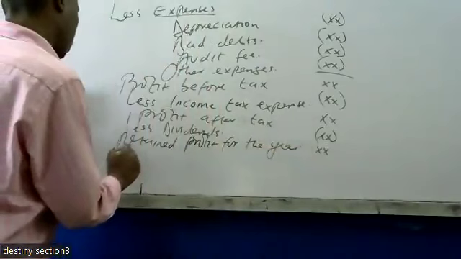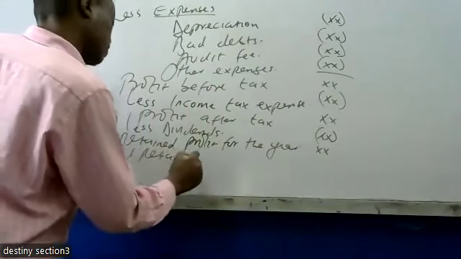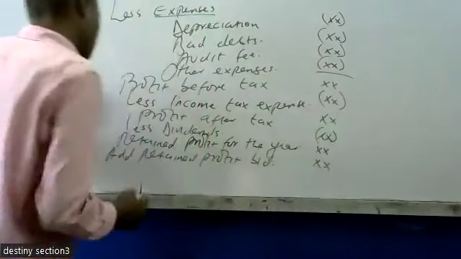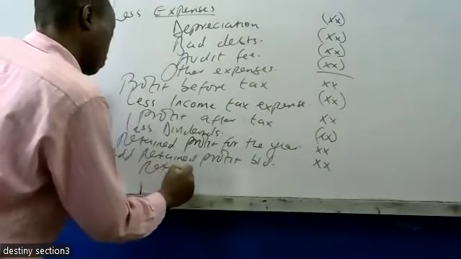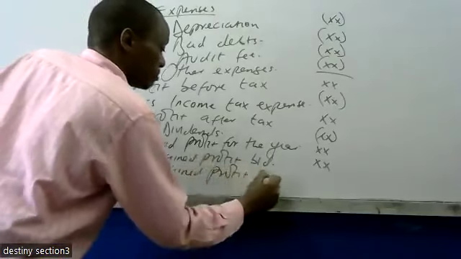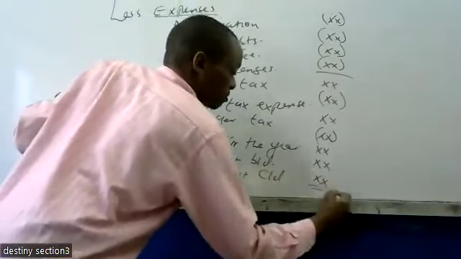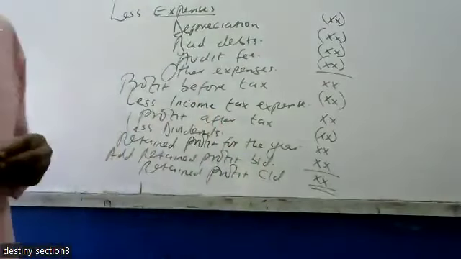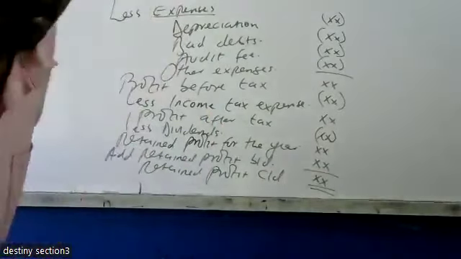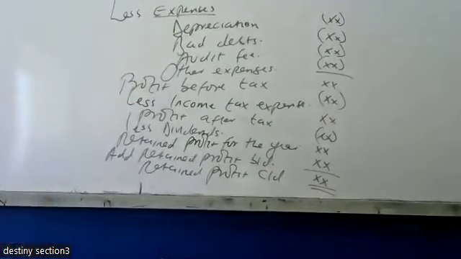You add retained profit brought down, so that you get retained profit carried down. That is the format of the general statement of profit or loss.